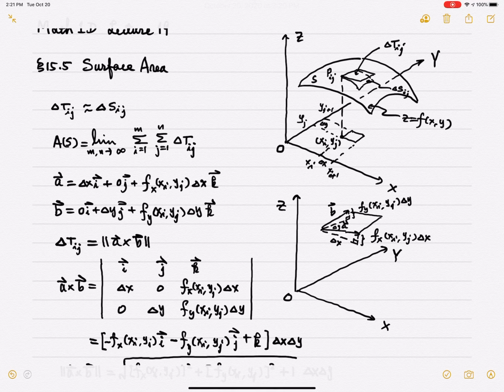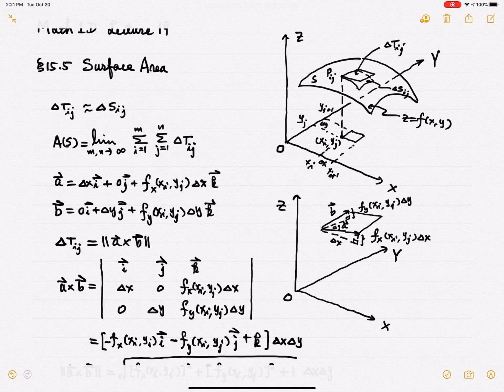So we do the approximation. We use the tangent plane at the corner point to approximate delta S, the surface under the tangent plane. You can imagine when delta x, delta y are small, the approximation is good.